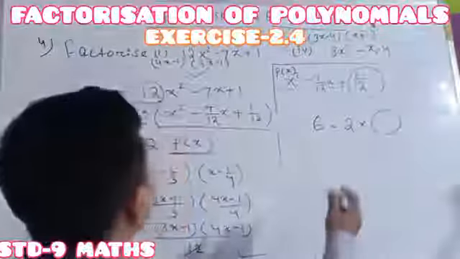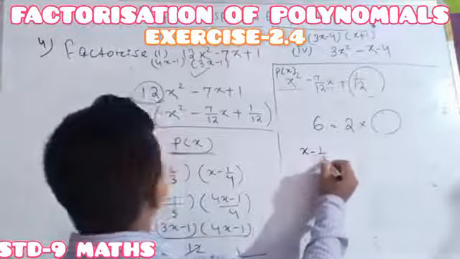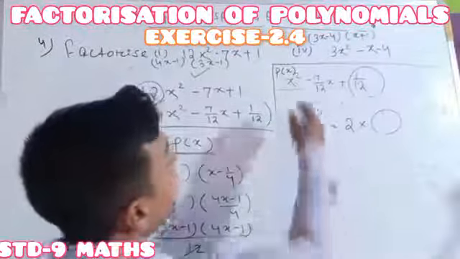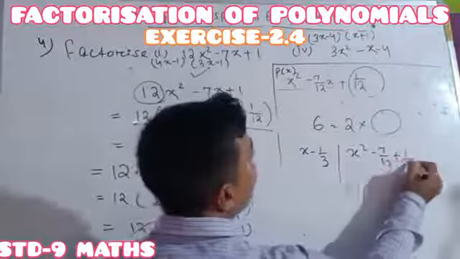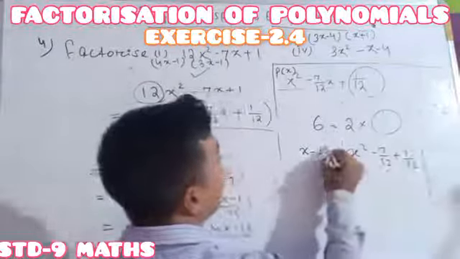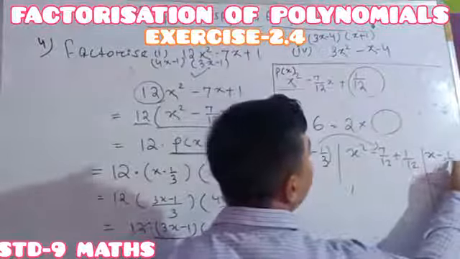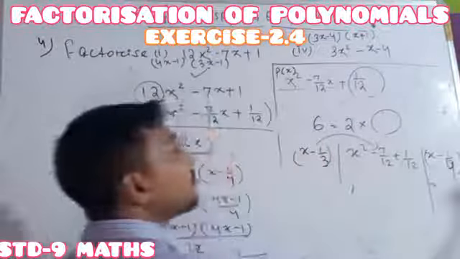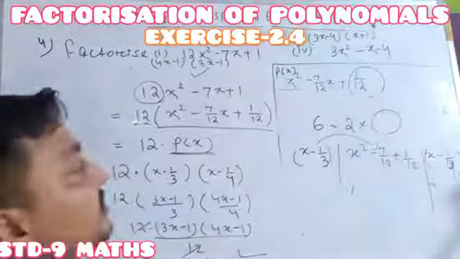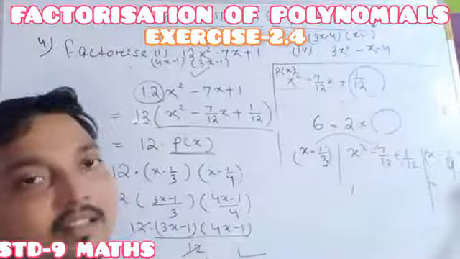In the same way, in the first attempt I got x minus 1 by 3 as one of the factors of p(x). p(x) means x square minus 7 by 12 x plus 1 by 12. Also, when you divide the polynomial by the first factor, you can find the other factor, which is x minus 1 by 4. If you attempt it, you will get it just like this. So on getting one factor, in multiple ways you can find the other factor also.